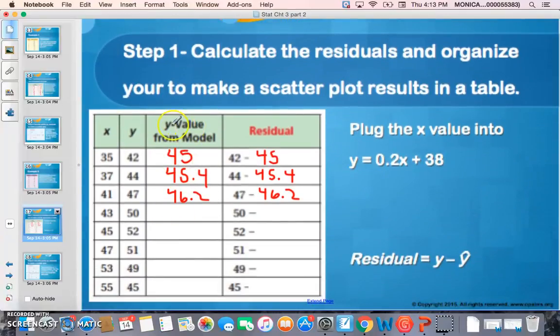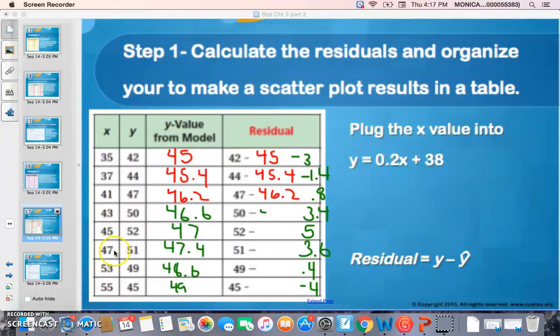And so to get the y value here, I simply plug in my x value into the model. And so I've done the first 3. You might want to pause the video to go ahead and complete the last 5 on your own. So I went ahead and hopefully you did this as well so you can check your answers.